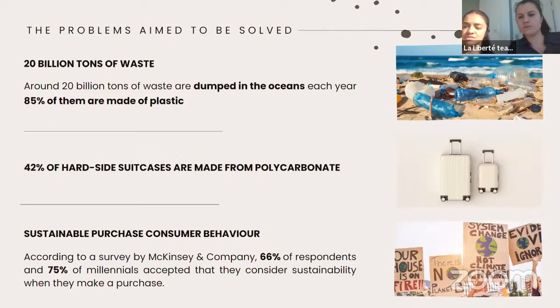Suitcase lifetime, as we know, is around 6 to 10 years, but they're made with resistant materials, usually polycarbonate and plastics, which are not eco-friendly and harmful for the environment. Moreover, around 20 billion tons of waste are dumped in the oceans each year, and 85% of it is plastic, a resistant material, which is perfect for suitcases, but not perfect for the environment.